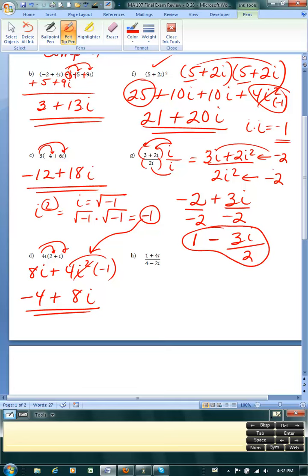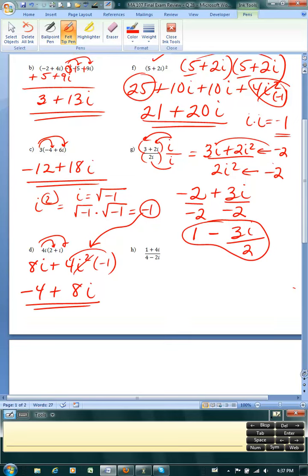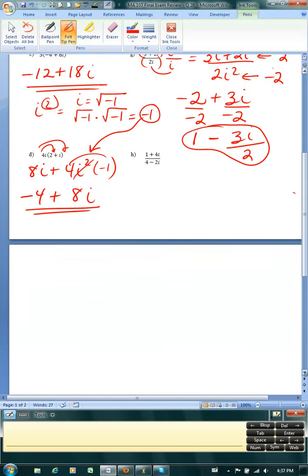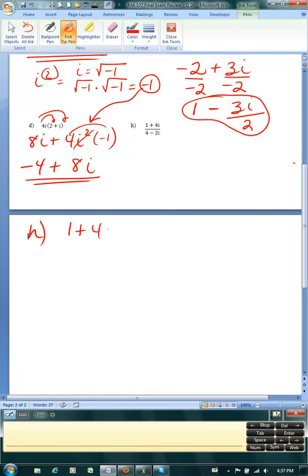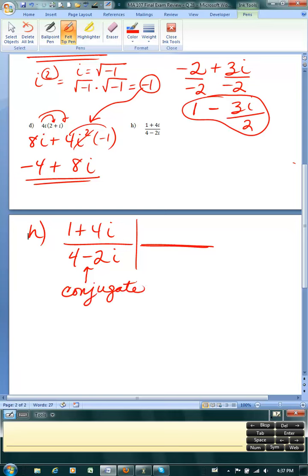All right, for letter H, this time, when I rationalize the denominator, let me recopy that, 1 plus 4i over 4 minus 2i. When you have a sum or a difference in the denominator, you need to multiply the denominator and the numerator by the conjugate of this expression.